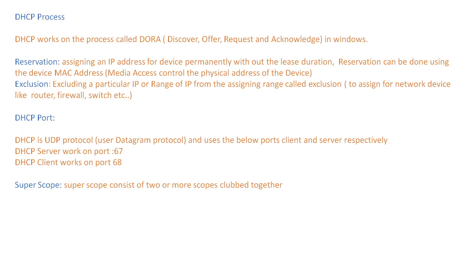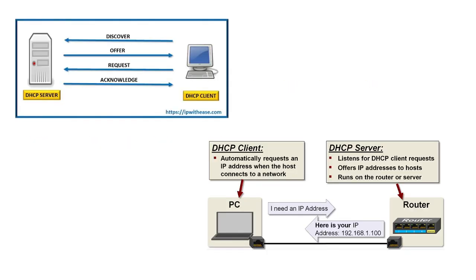Now, DHCP works on a process called DORA. Whenever a DHCP client requests an IP address, the DORA process happens. DORA means Discover, Offer, Request, and Acknowledgement. The DHCP server has the capability of advertising itself.